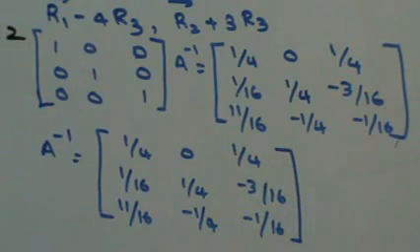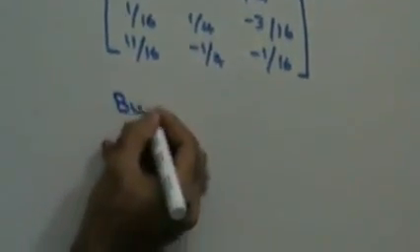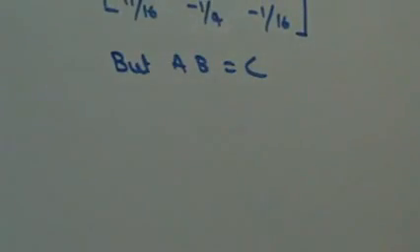Right? But guys, we had said that AB is equal to C. Now, if AB is equal to C, pre-multiply this equation by A inverse.